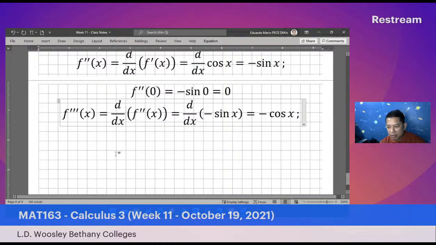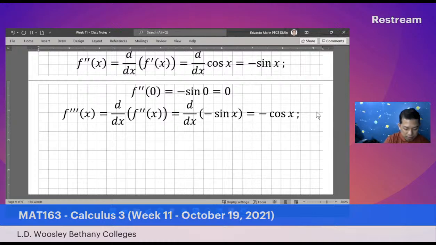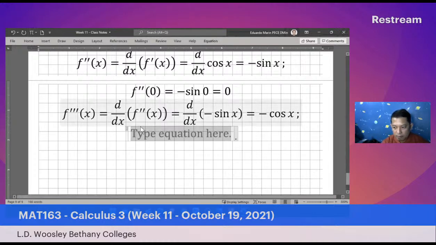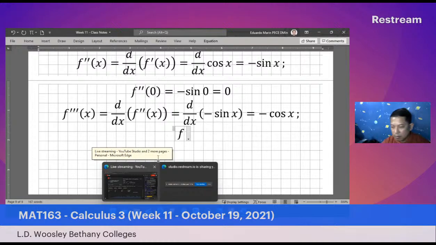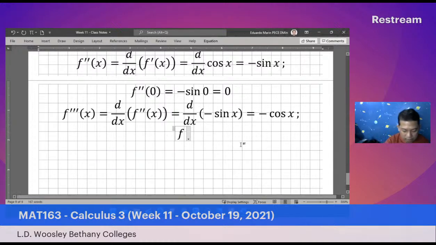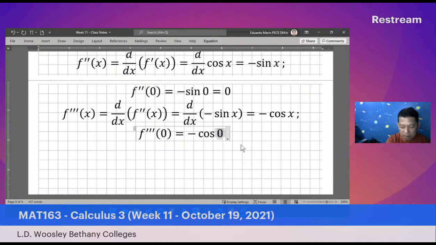So substituting now, we have 0 here. So this would mean negative cosine 0.